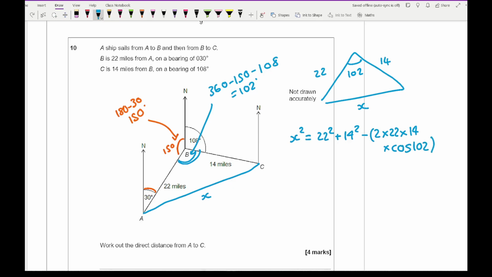So then typing that all into my calculator, I get an x squared value of 808.0736 blah blah blah. And then if I square root that answer, I get an answer of 28.4, and that's to 1 decimal place, and that's in miles.